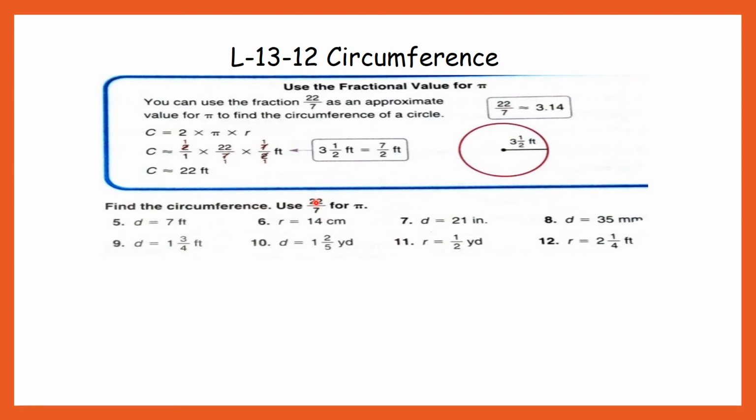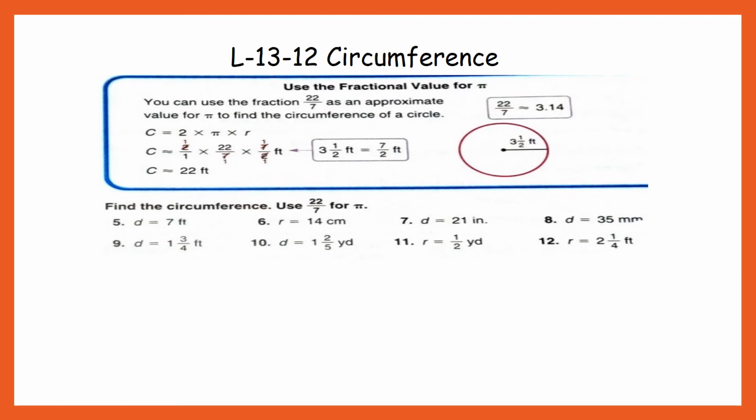Generally, this value is used when 7 is in the denominator. If a multiple of 7 is there in the radius or the diameter, then you use 22 by 7. It is easier.